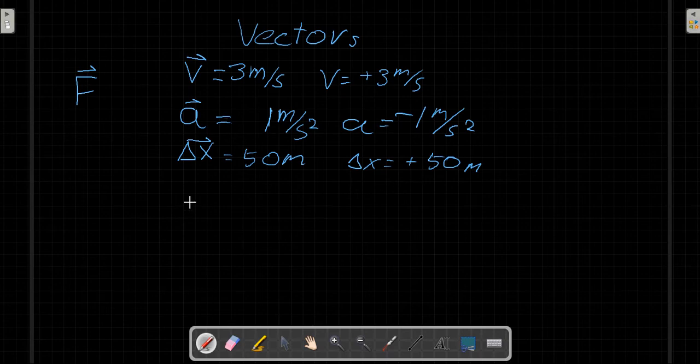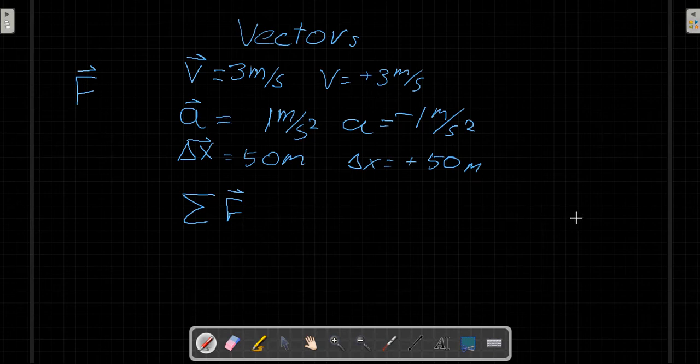How does this apply to you? Well, if you think about it, we had these forces, right? So when we asked for the sum of the forces, then you have to break up whatever force is being exerted on your object of interest into the x and y vectors.